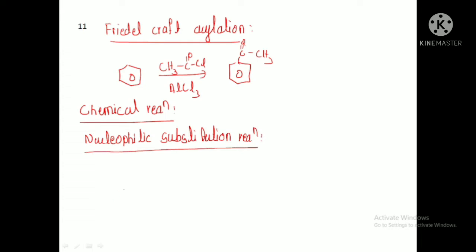So this is an aldehyde or ketone, C=O, and I will attach a group A and one more group, that is B. Every atom in the aldehyde or ketone will be in a single plane. This is a planar molecule, but due to the electronegativity difference between carbon and oxygen, oxygen will receive partial negative charge and carbon will receive partial positive charge.